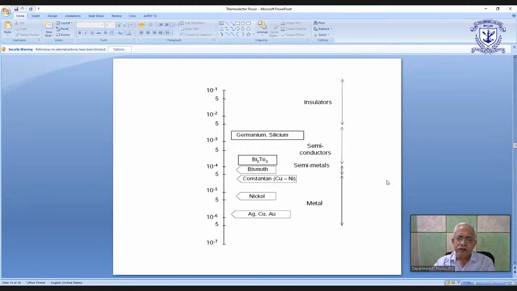So very often, in making the so-called thermoelectric cooler, it is useful to use semiconductor materials rather than metals. On the other hand, to measure temperatures where we use thermocouples, we prefer to use metals, and so the choice of the material depends on the purpose at hand.